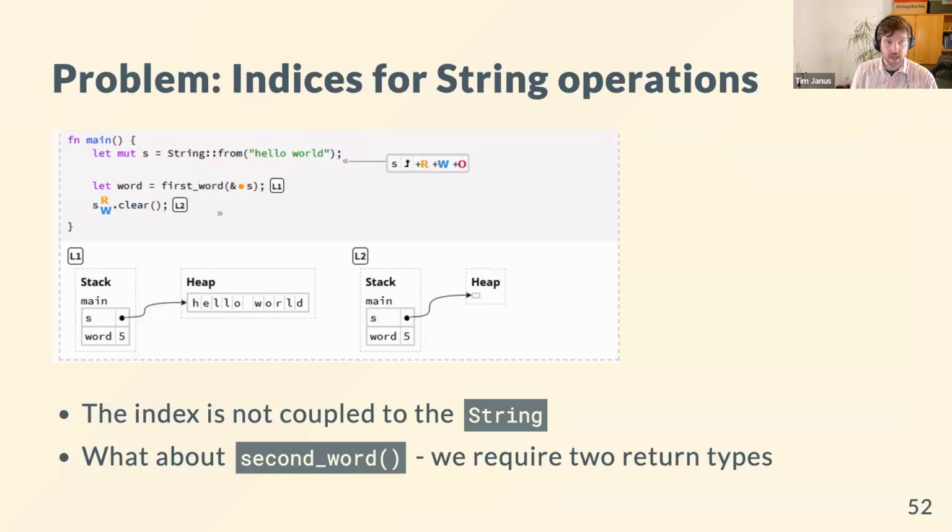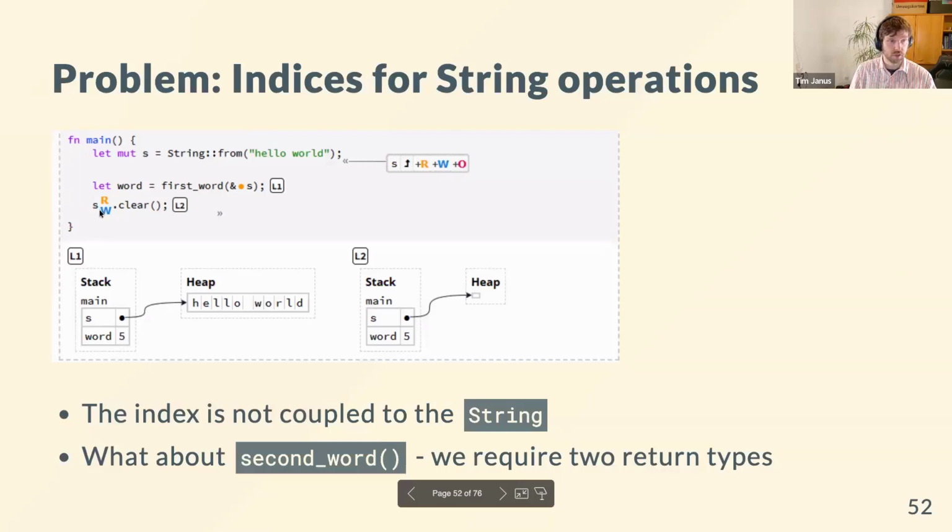When you now look from the Rust side, using this kind of API comes with a problem, that now we don't have information anymore. So we generate our string hello world here. Then we call first word, and when we call that, we have s with data on the heap and word, which is just giving us the index 5.